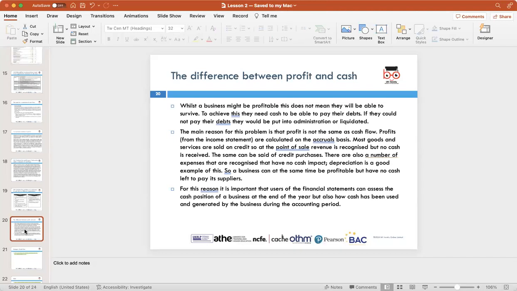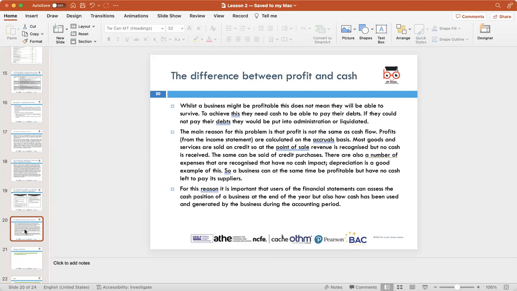The income statement's bottom line is figured using an accrual basis. Revenue is recognized, but no cash is received at the point of a sale when most goods and services are sold on credit. So again, as I said, he's talking about a credit sale.